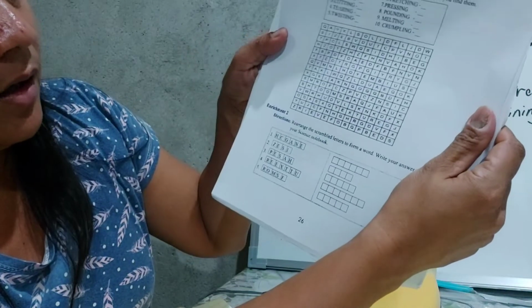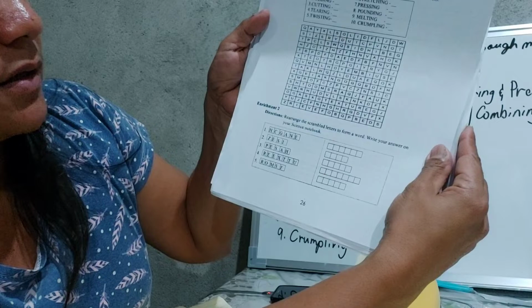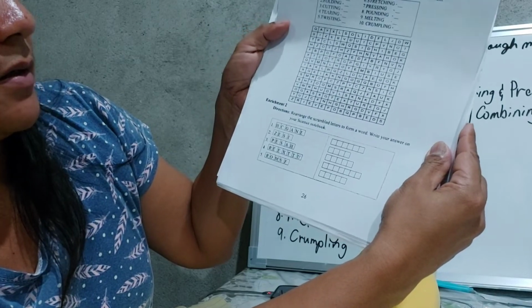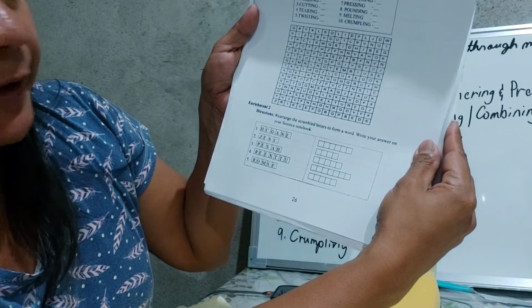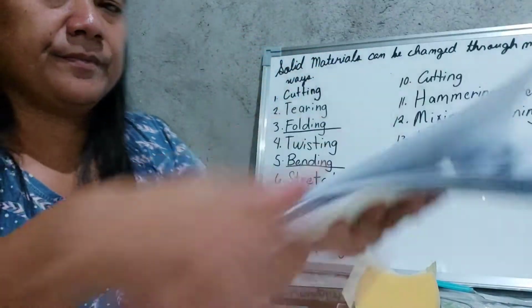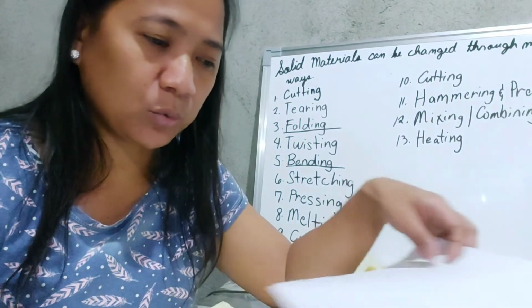And on the enrichment 2, we're going to rearrange the scrambled letters so that we can form the correct word. Rearrange the jumbled letters on the enrichment 2.